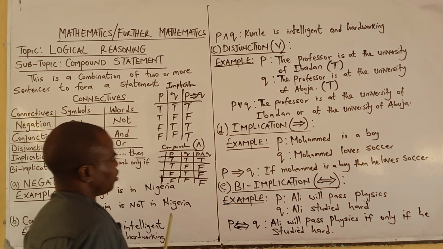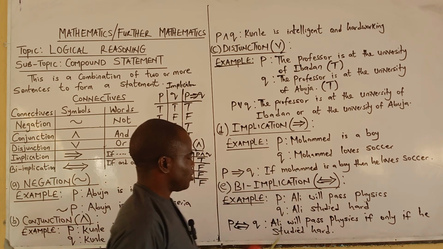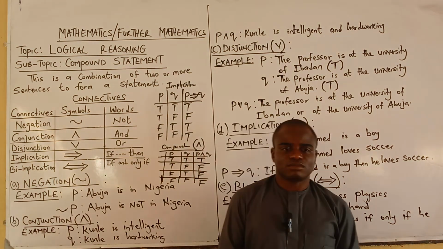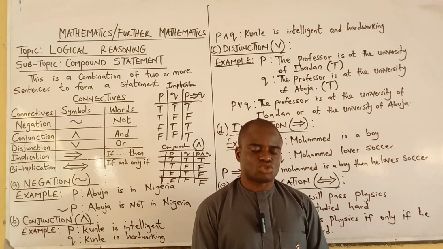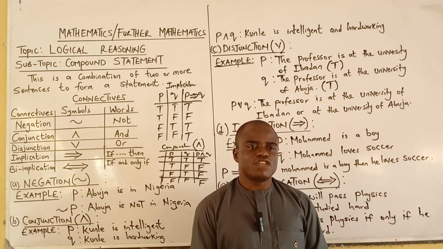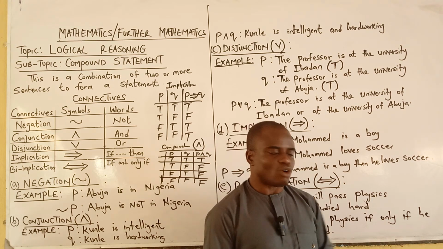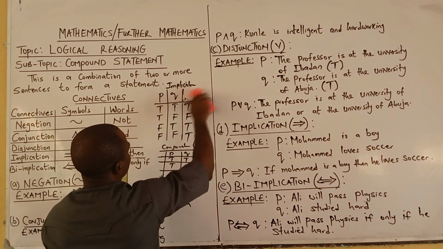Okay, please take note. Let's go to bi-implication. By implication, the condition is the statement is true if both the antecedent and the consequent are true or false. Okay, let's see what I'm trying to say.